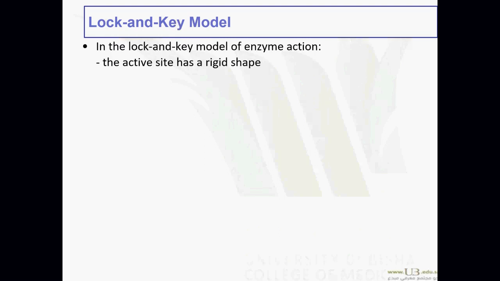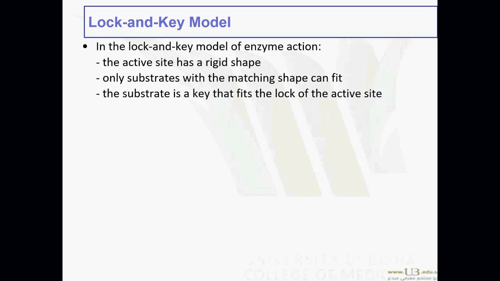The first one is the lock and key model, which states that the active site of the enzyme has a rigid shape, just typical to the shape of the binding site of the substrate. So only that specific substrate will fit with the shape of the active site of the enzyme, and this will play a very good role in explaining the enzyme specificity and to some extent the enzyme selectivity.